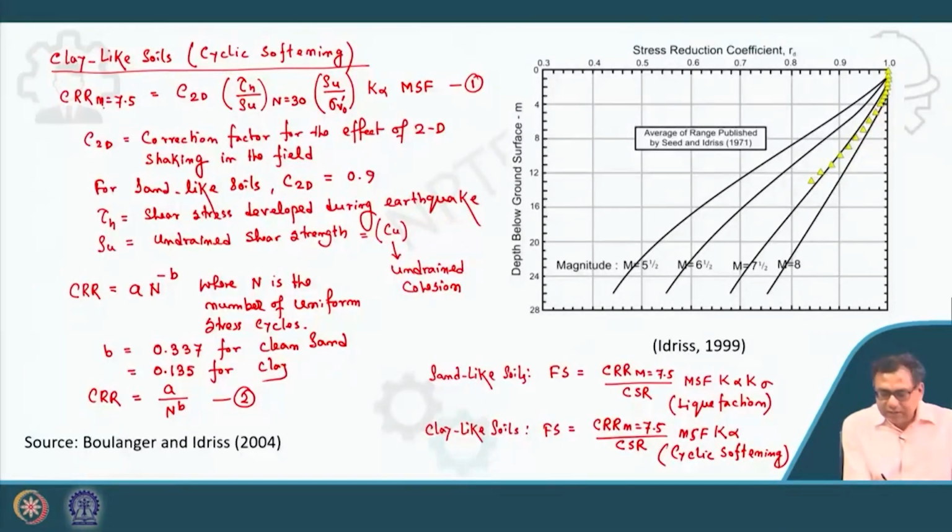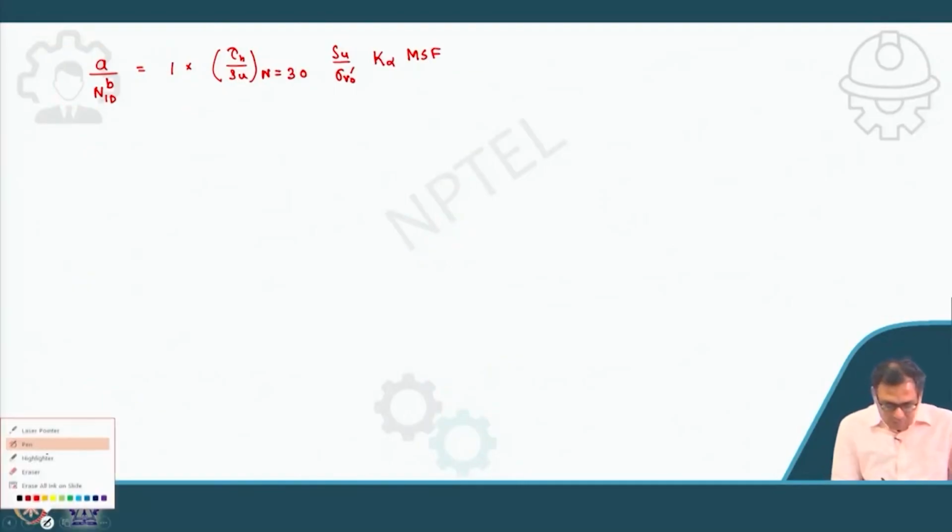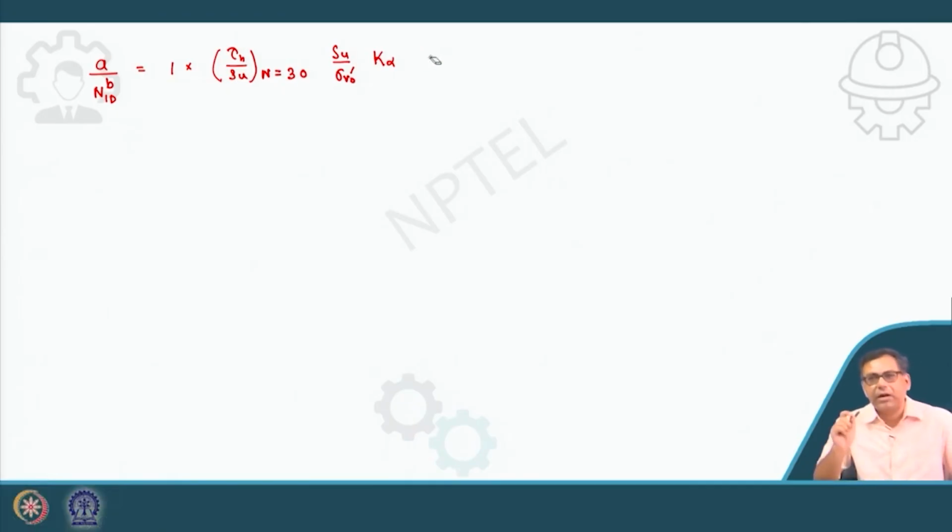If M equal to 7.5, then you know that MSF is equal to 1, so we can remove that. Later on we will introduce M equal to any value. Right now we are taking it as 1, for M equal to 7.5.